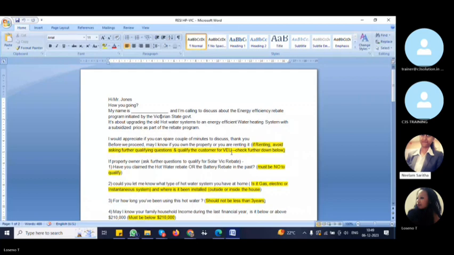If yes, what type of hot water system they have. Accordingly, we can suggest either a solar or an electric hot water system to them. My question was, what are the types of hot water system that we can consider as qualified for the upgrade? Okay, it is either the split or an integrated hot water system.